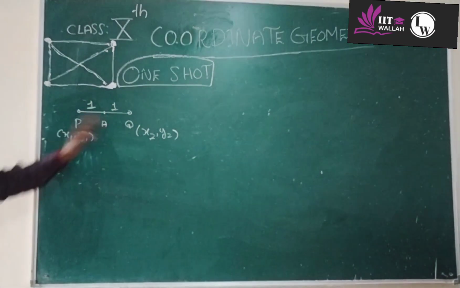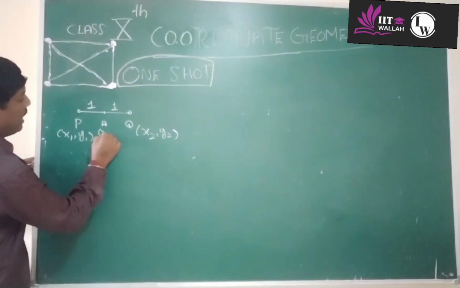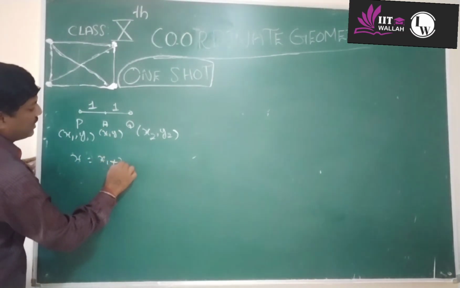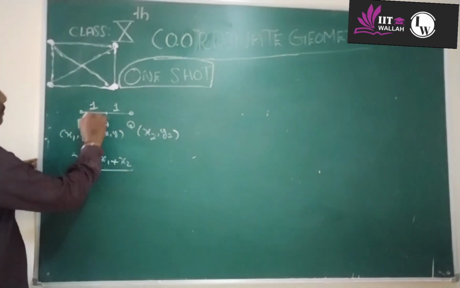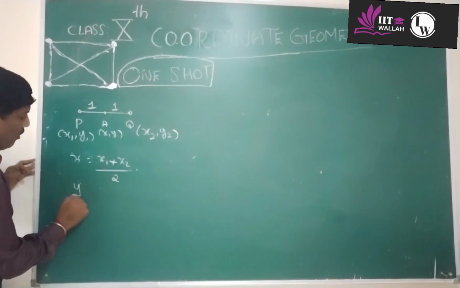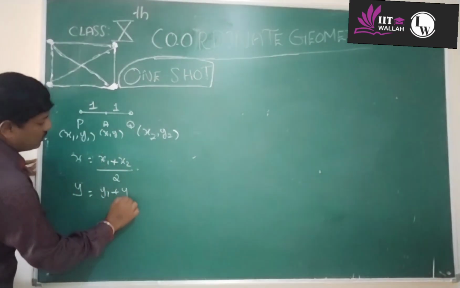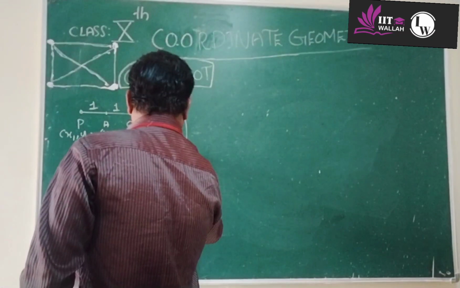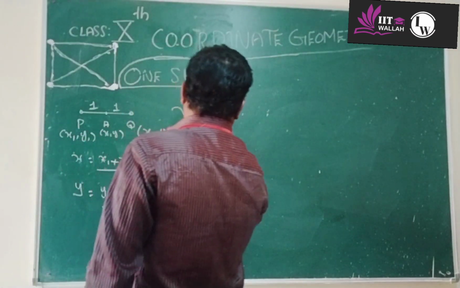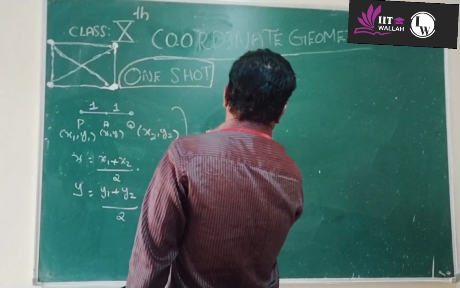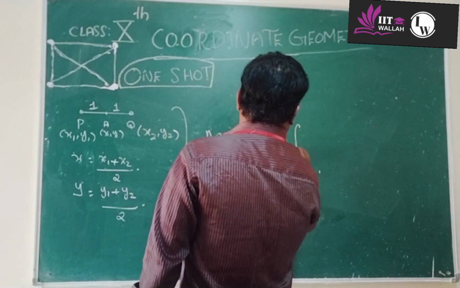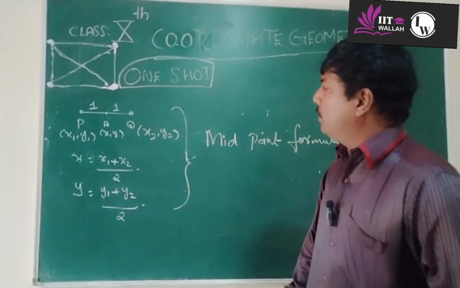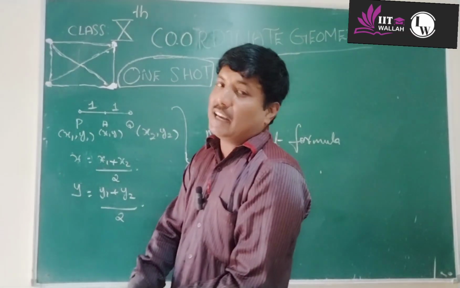So if you substitute that, you will get the coordinates of A: x will be x1 plus x2 by 1 plus 1, that is 2. Y will be y1 plus y2 by 2. This is known as the midpoint formula.